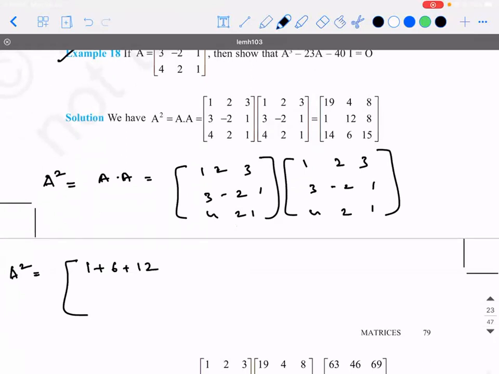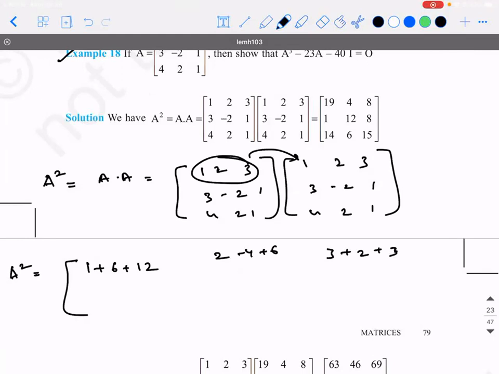1 plus 6 plus 12, and 2 minus 4 plus 6, and 3 minus 6 plus 4. Then 3 plus 2 plus 3.